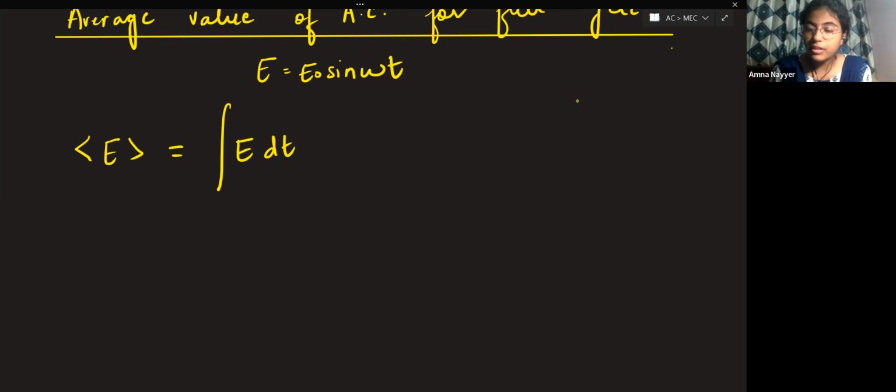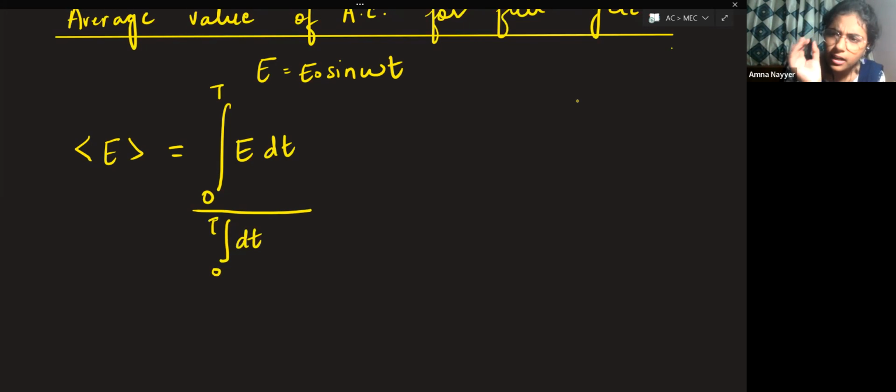Firstly, take the integration of E dt for the whole time that is given. We are calculating for a full cycle, so it will start from 0 and end at a complete time period T, divided by the integration of the total time that is given.